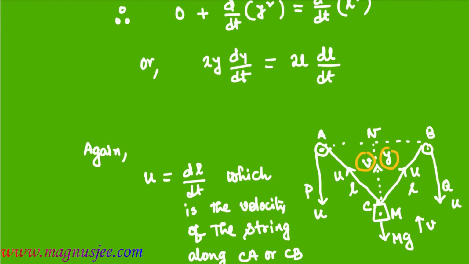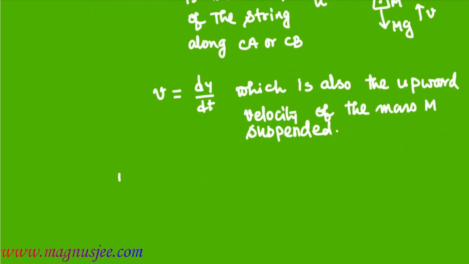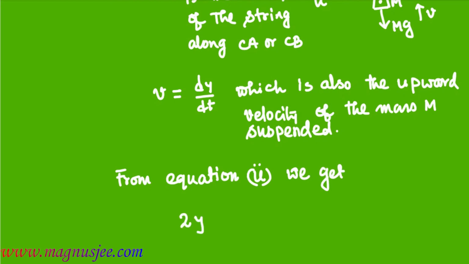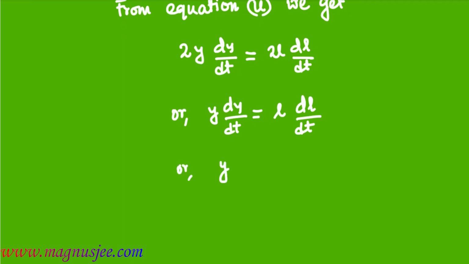You get the expression of u and v from the previous equation. That will be equation 2: 2y dy/dt equals L dL/dt. Putting the expressions of u and v in equation 2, we get y dy/dt equals L dL/dt. Now dy/dt is v, the upward velocity of the mass M, and dL/dt is u, the velocity of the string.